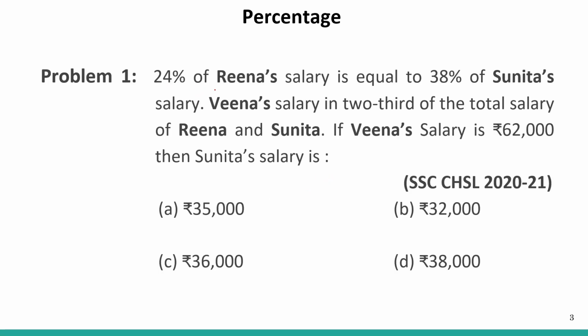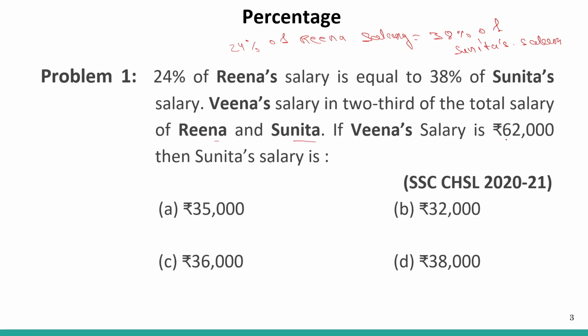So 24% of Rina's salary is equal to 38% of Sunita's salary. Okay. So Vina's salary is 2/3 of the total salary of Rina and Sunita.